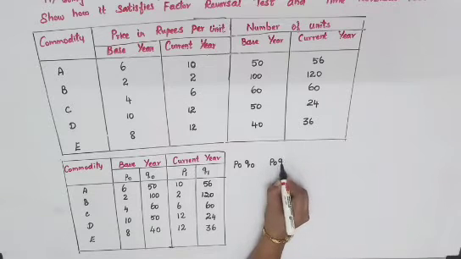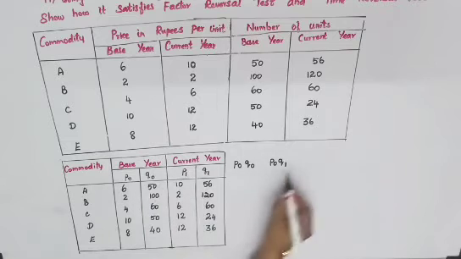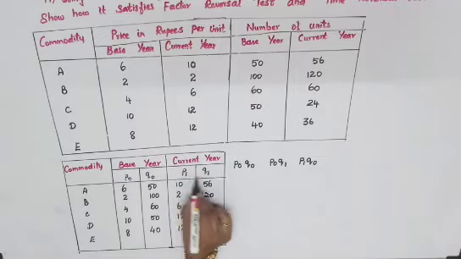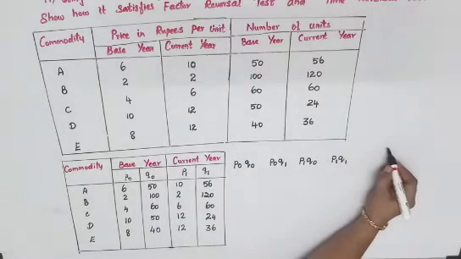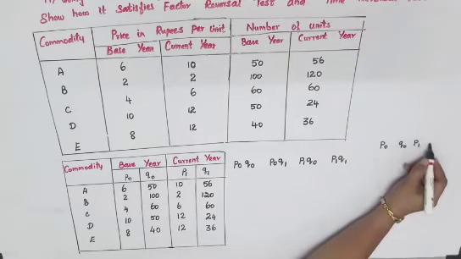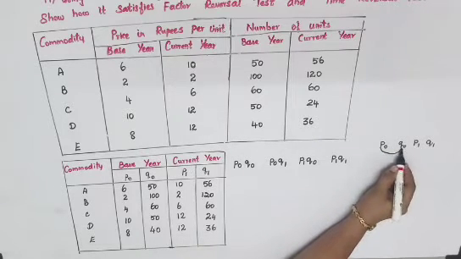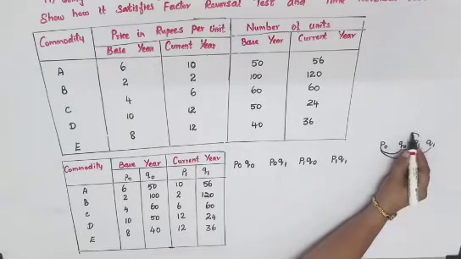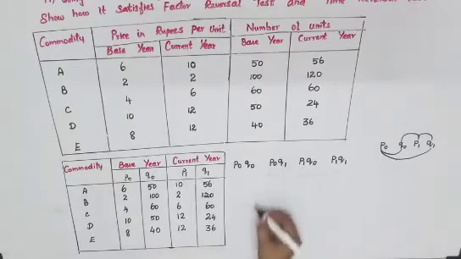Next with P1 you'll have to do: P1 Q naught, then P1 Q1. If you want, you can remember like this also: P naught Q naught, P naught Q1, P1 Q naught, P1 Q1. So first and second, then first and last, then third and second, then third and last. Like this you can remember these columns.